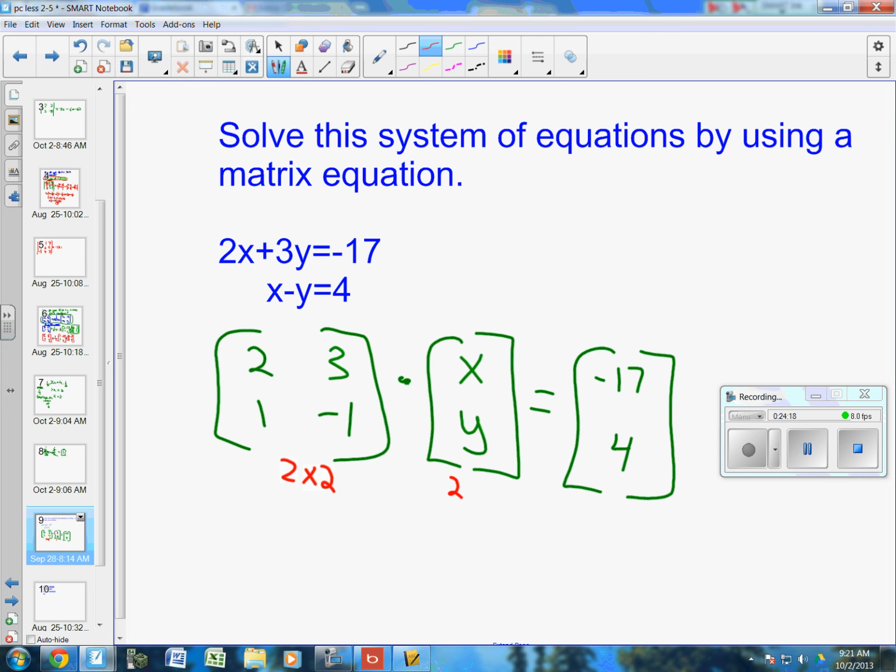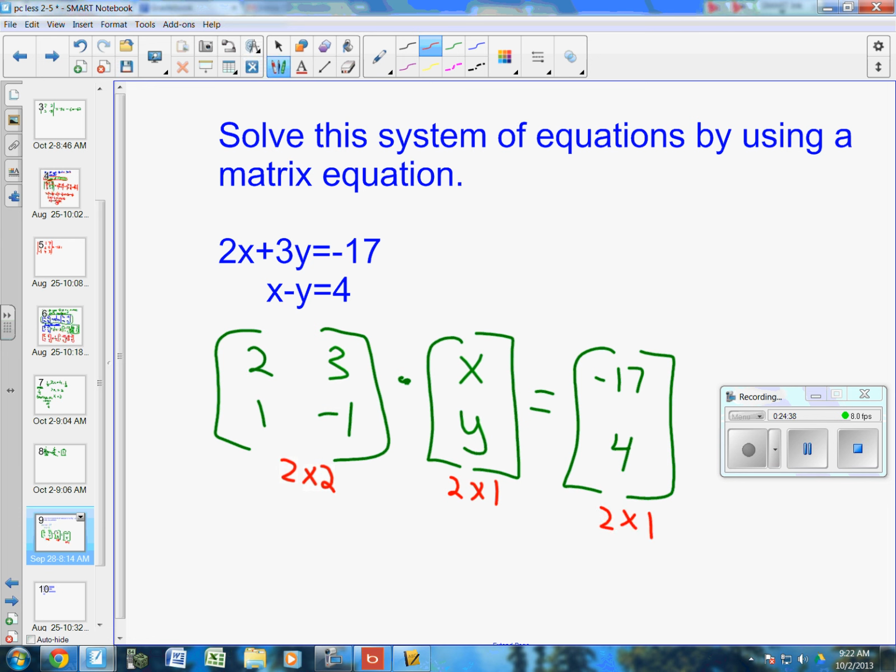I'll show you why in just a second, but just watch, okay? Sometimes we do things because we can. And this is a 2 by 1 matrix, right?